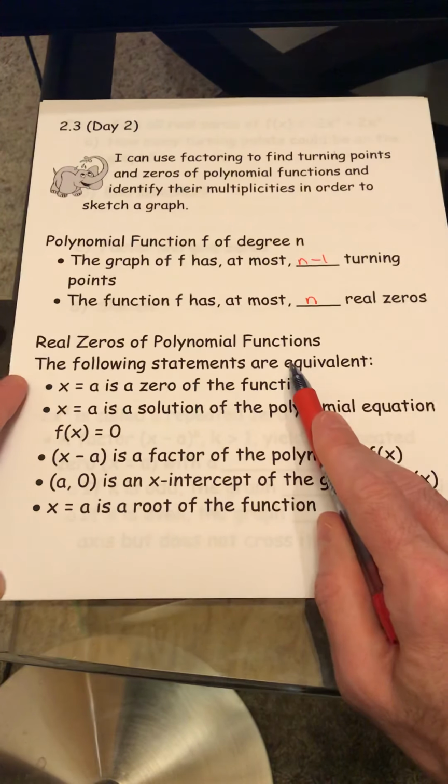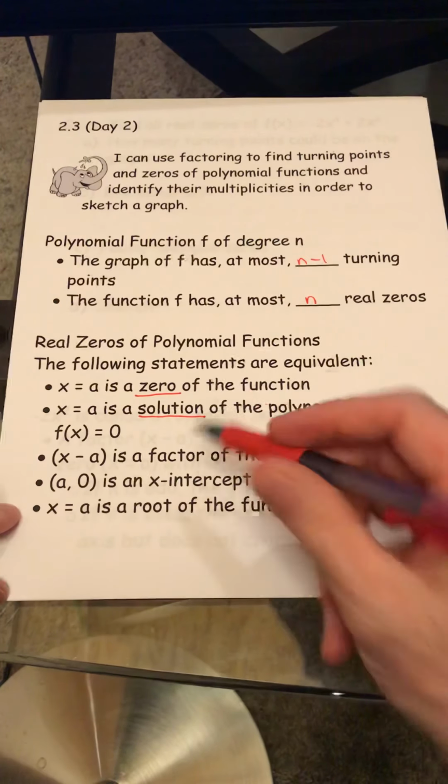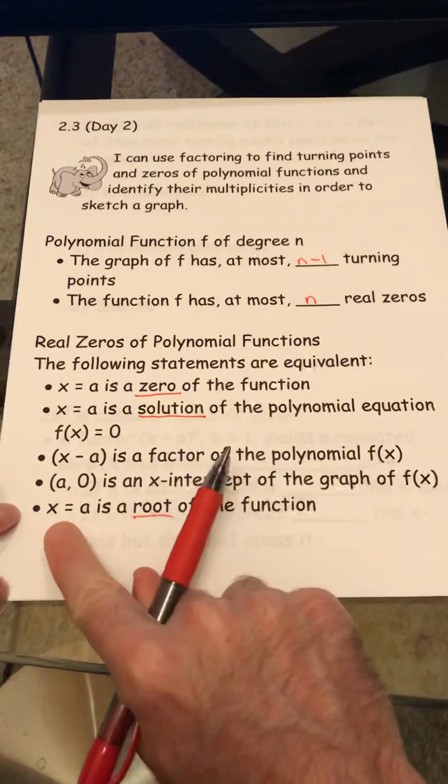So, whether you see the term zero or solution, if x equals a is a zero or solution, that means x minus a is a factor of the polynomial. (a, 0) is an x-intercept of the graph of f of x. And then the final term that's kind of interchangeable, x equals a is a root of the function.